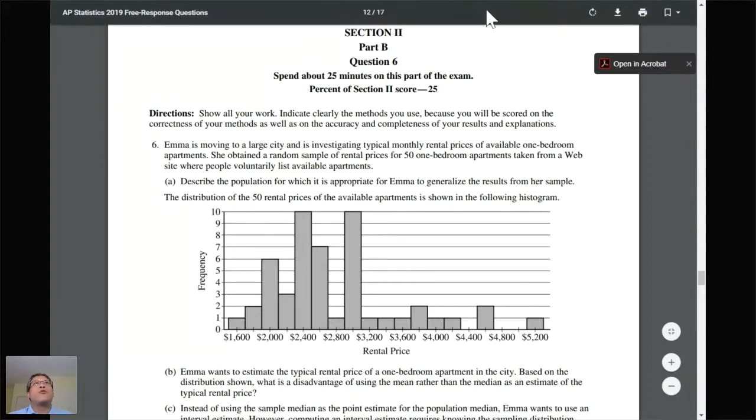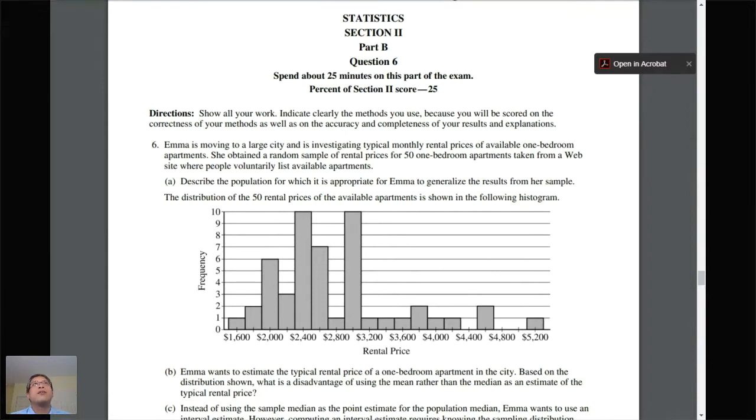It says from a website where people voluntarily list available apartments, and that's going to drive a lot of what we're doing here. Emma did a random sample, yes, but she did a random sample out of just the things that were on this website.